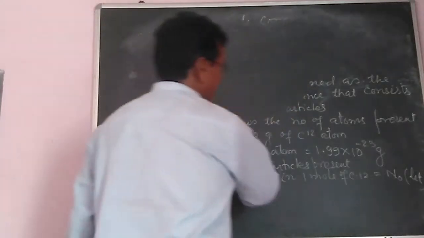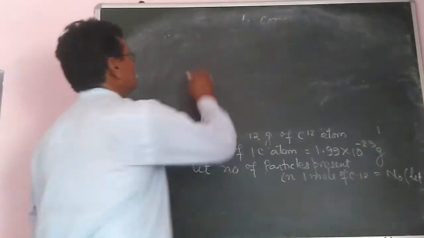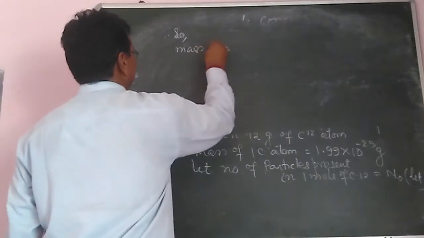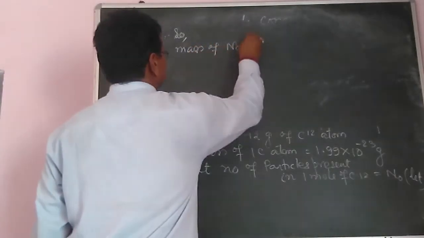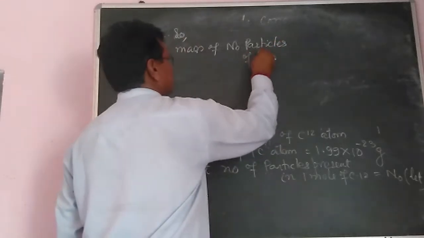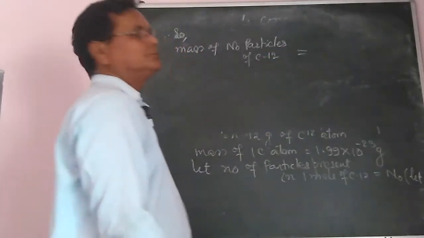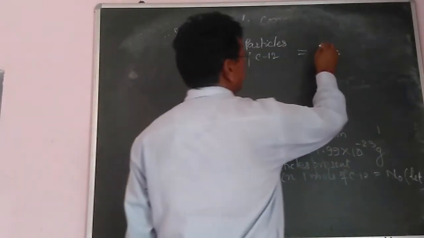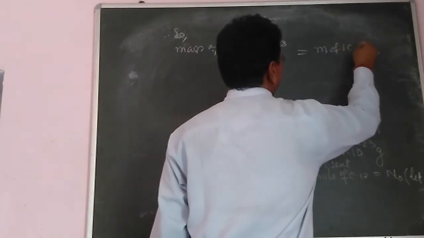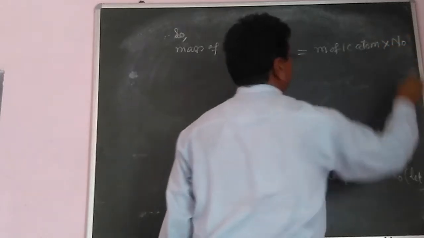So the mass of N0 particles of carbon-12 is the mass of one carbon atom into N0.